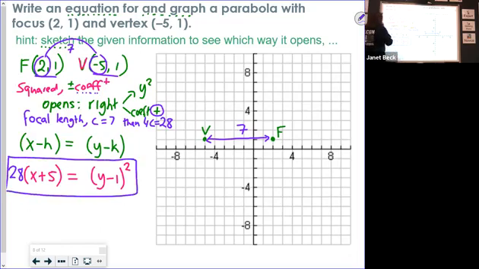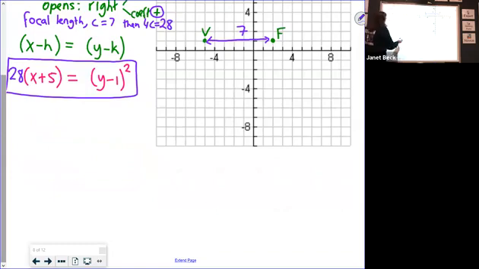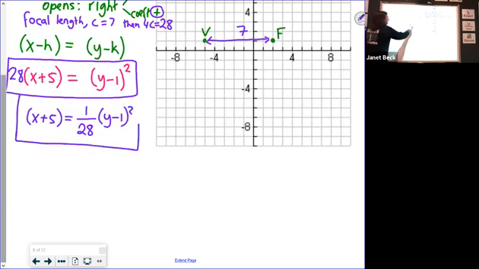Another correct answer would be to put the coefficient in the form of 1 divided by 4c on the squared side. Either of those answers is perfectly good, and I will always accept either. Some teachers only want this one. The textbook only wants this one. I'll take either form, okay?